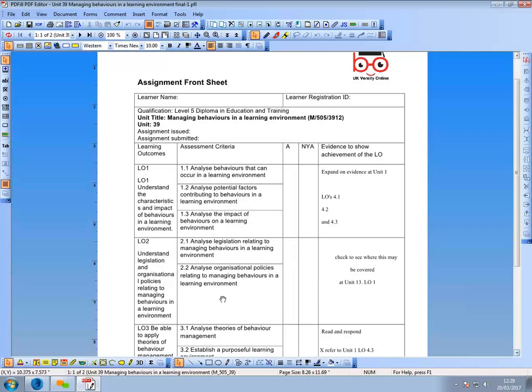Every school or college will have a policy on managing behaviour in the lesson, in the classroom. It will have a policy on lateness. It will have a policy on a number of things that are surrounding this behaviour management. You need to look at those, and also, as I said, there will be at some point a disciplinary procedure.